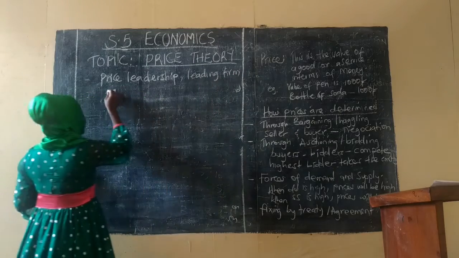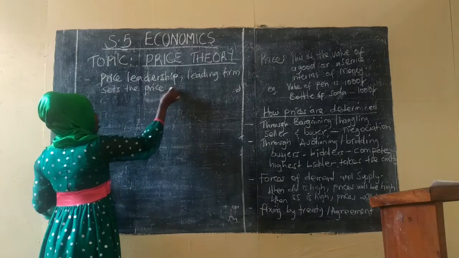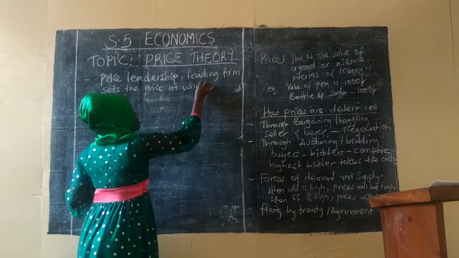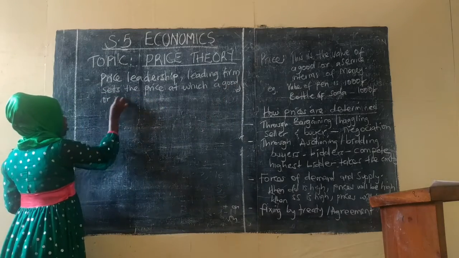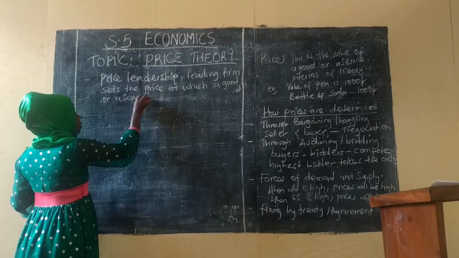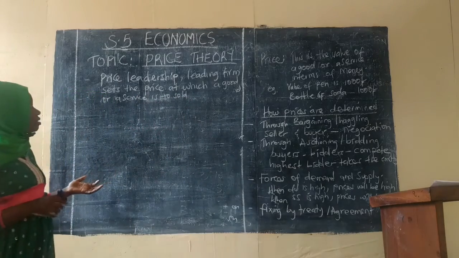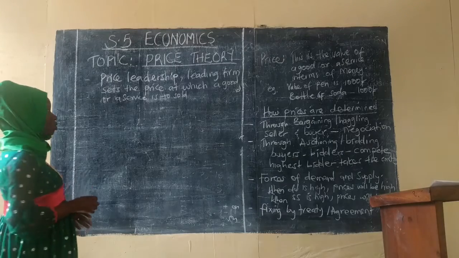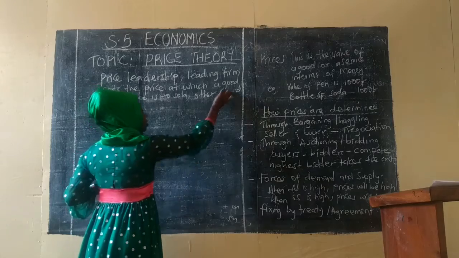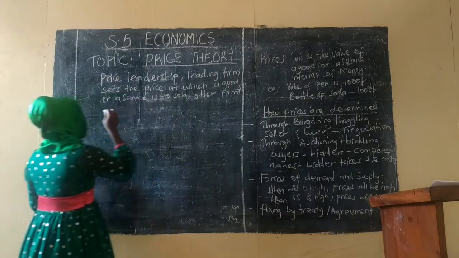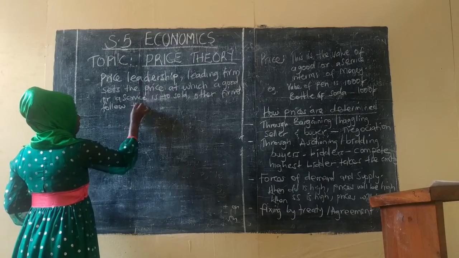The leading firm sets the price at which a good or a service is to be sold, and of course other similar firms follow that same price.